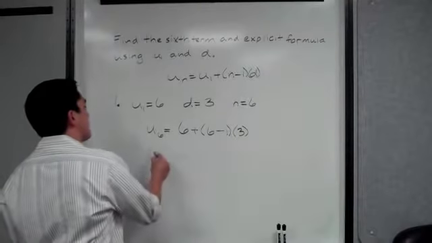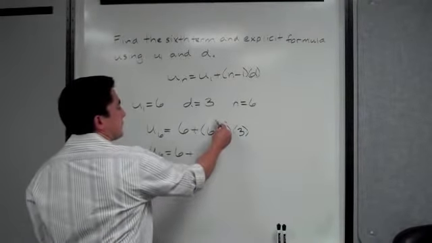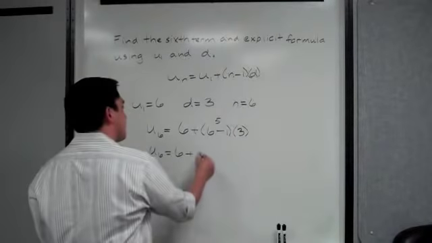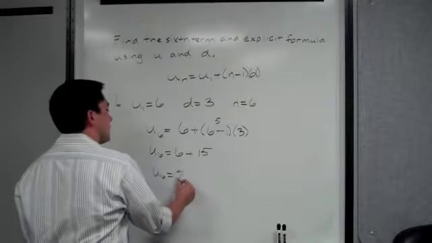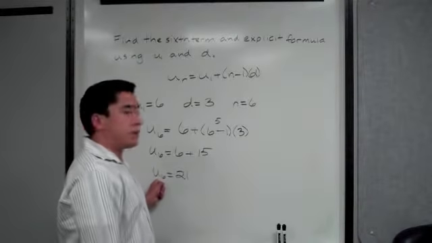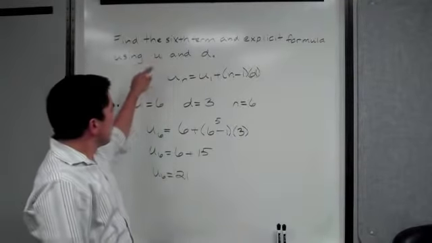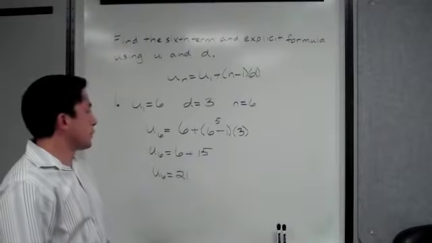So therefore, U sub 6 is equal to 6 plus, this becomes 5 times 3 is 15. Therefore, our sixth term is going to be 21. Basic, simple, that's all you got to do. If you're trying to find your sixth term, when you know U sub 1 and you know D, it becomes very simple. So you get 21.